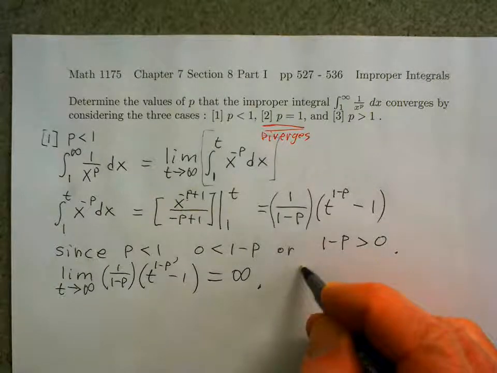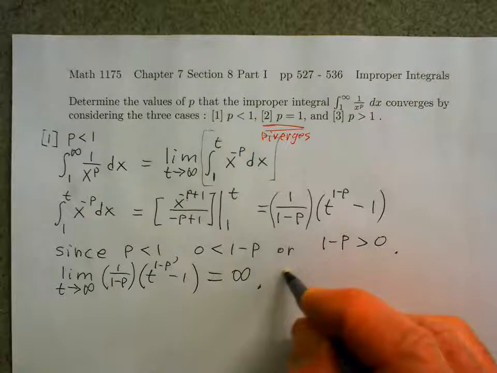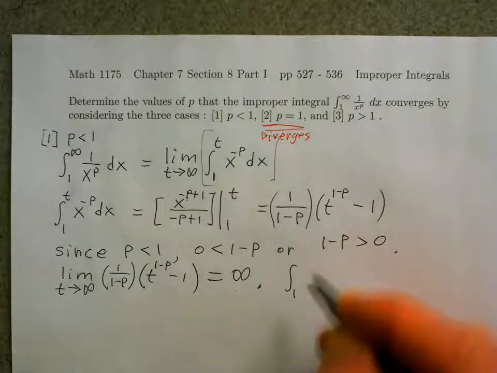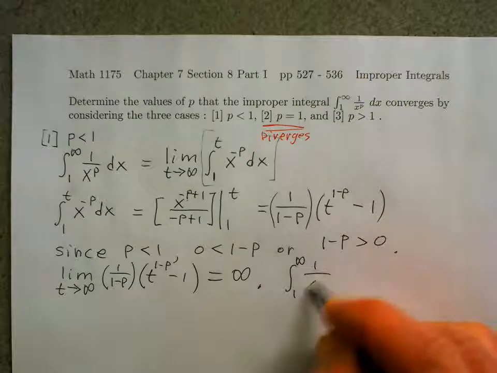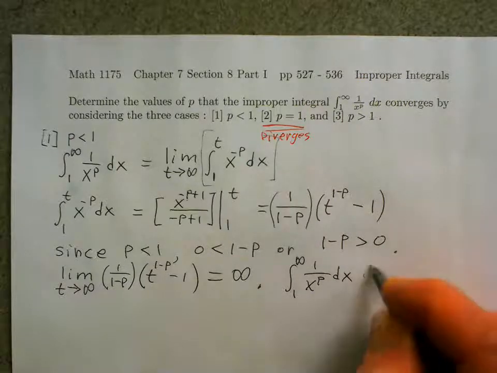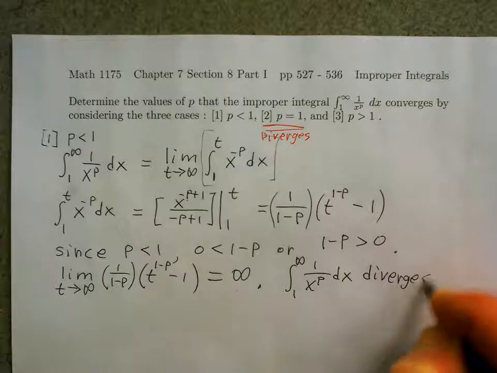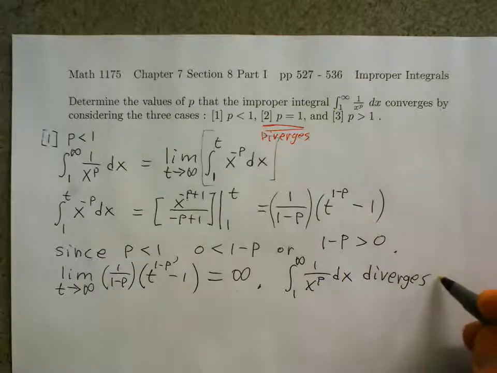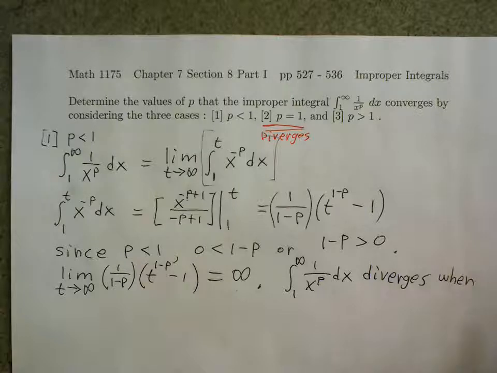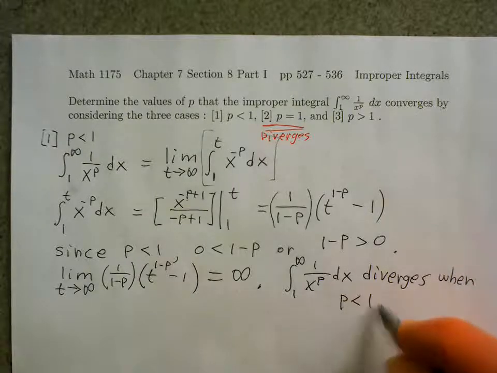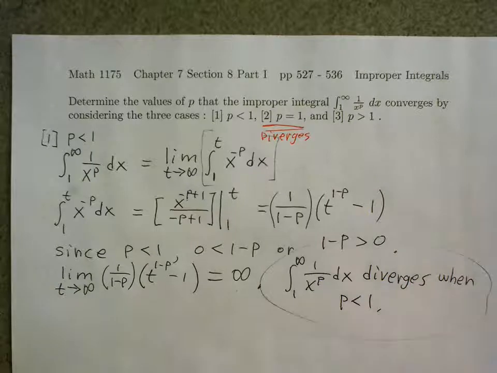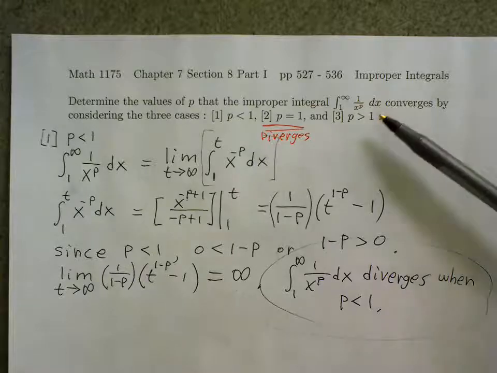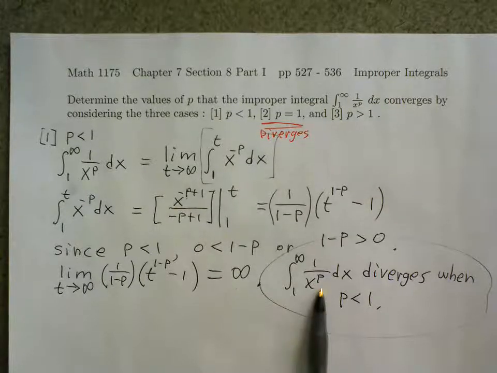So we conclude that in this case, the improper integral from 1 to infinity of 1 over x to the p dx diverges when p is less than 1. So now we automatically know whenever we see an improper integral of that form, if the value of the exponent p is less than 1, we automatically know that it diverges.